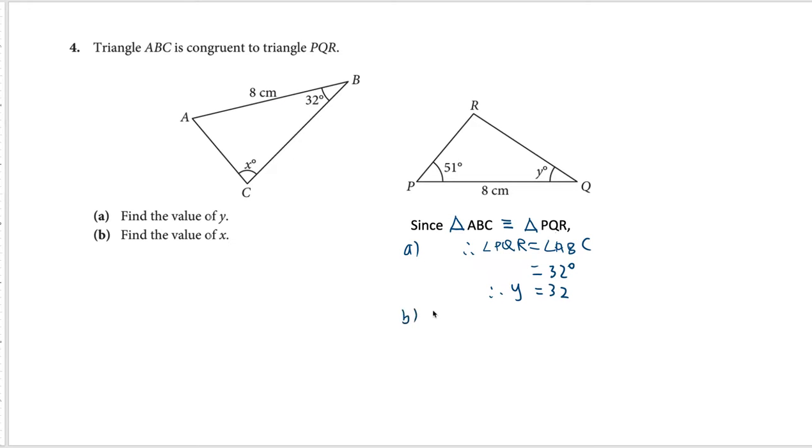And for part B, now we have to find the angle X. And we know that the angle X is at C, which corresponds to R, and there is no angle at R, so we need to find the angle at R. So the angle QRP, according to the arrangement, corresponds to BCA.